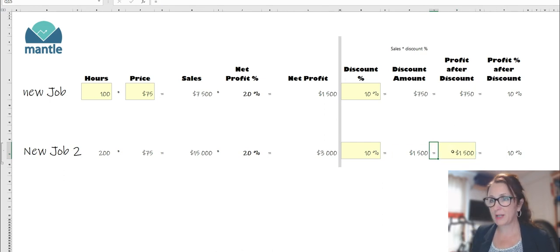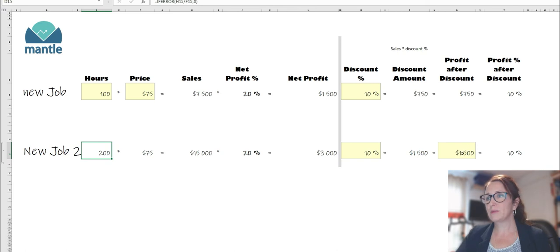So if we go along to the left here, this is the surprising bit. This is the bit that most people don't think about. If we're still going to make $1,500 and we're still going to give away a 10% discount, look what this does to the number of hours we need to deliver. We need to deliver 200 hours to make that $1,500.